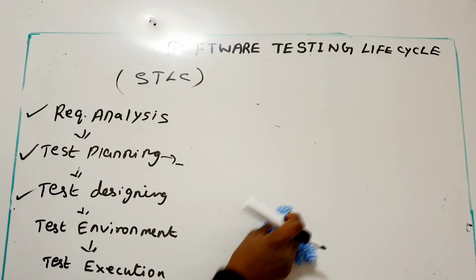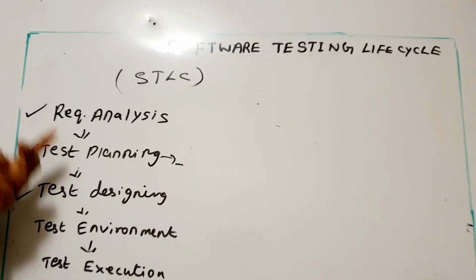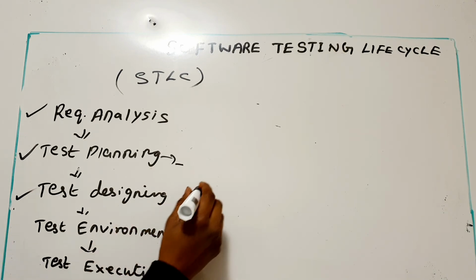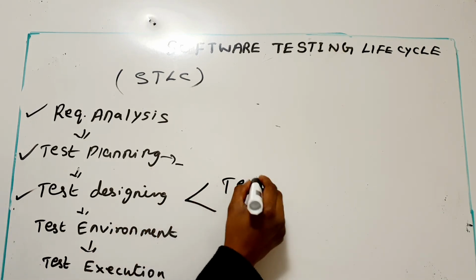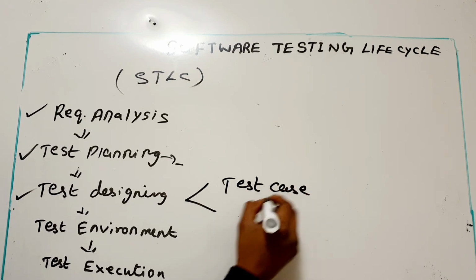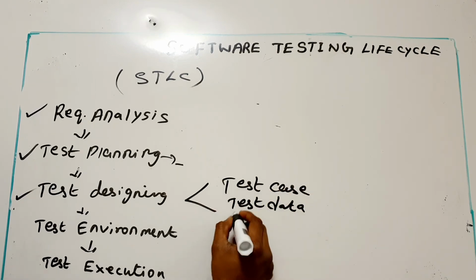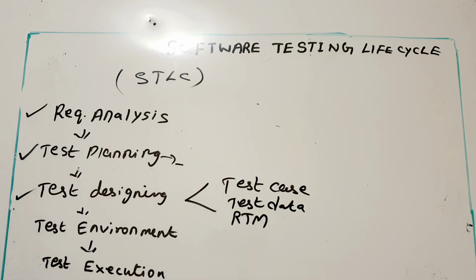I will explain everything in detail, but first we will have a look at the phases. So in test designing, we will write down test cases, test data, and the RTM. RTM means requirement traceability matrix. I will explain these in the upcoming videos.